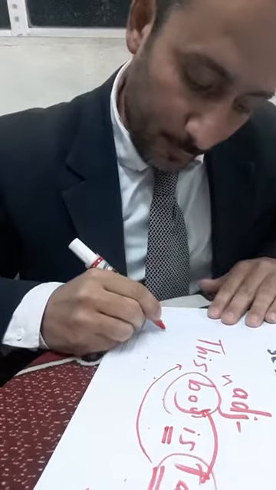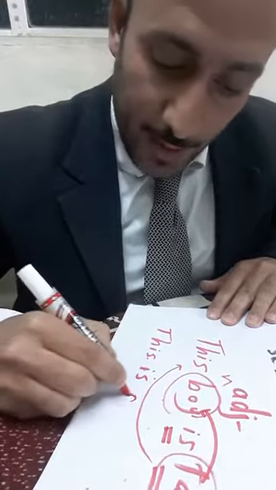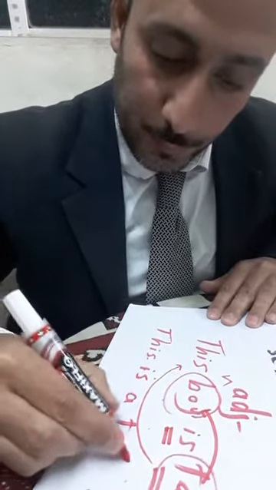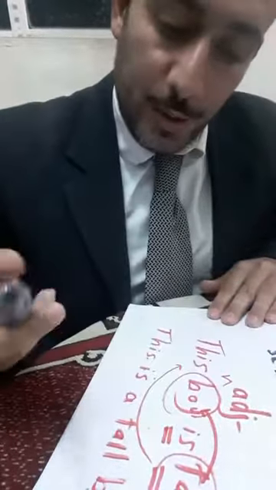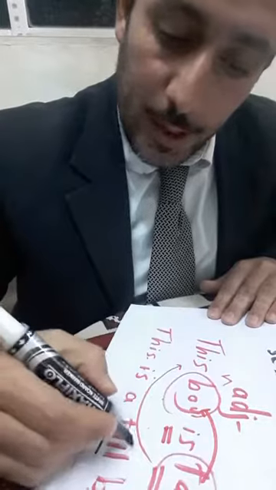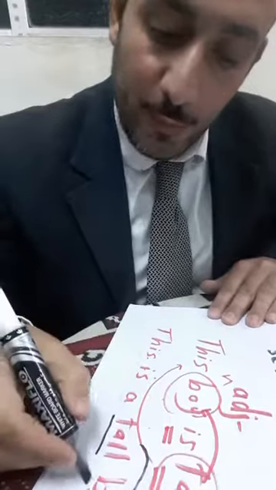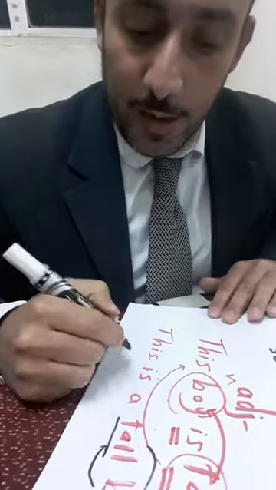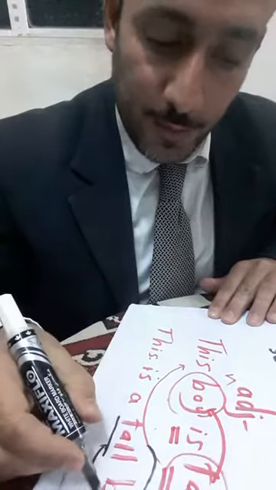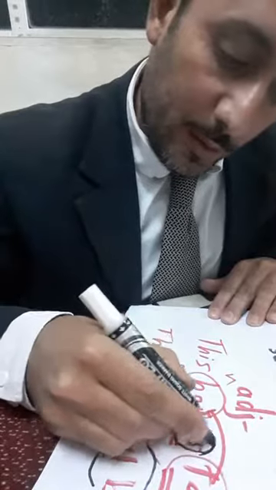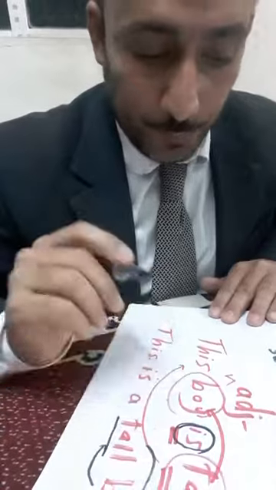Look, we say this is a tall boy. So the adjective tall describes the noun boy. It comes before it. The normal way is for adjectives to come before nouns, except in this case, where the adjective comes after the noun.